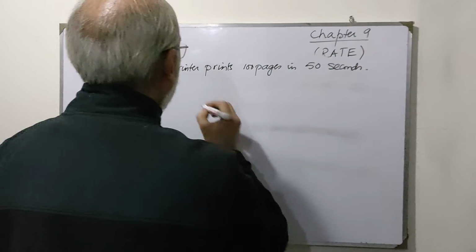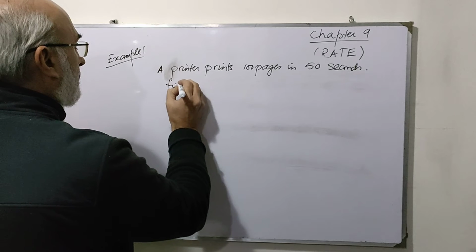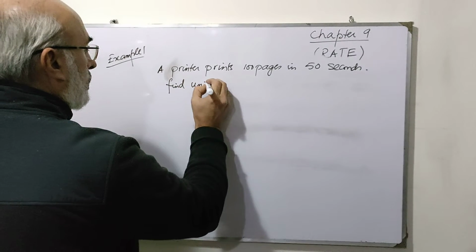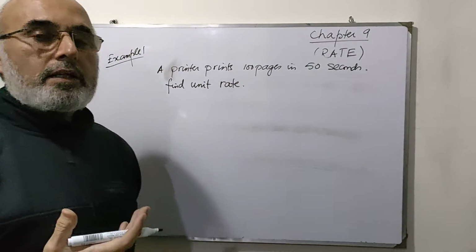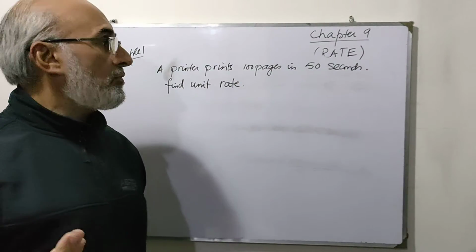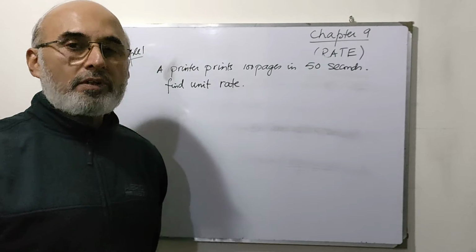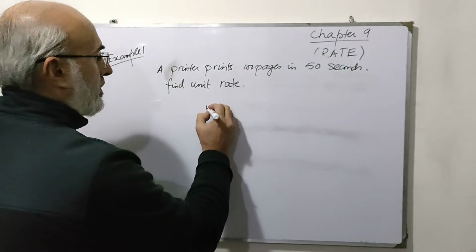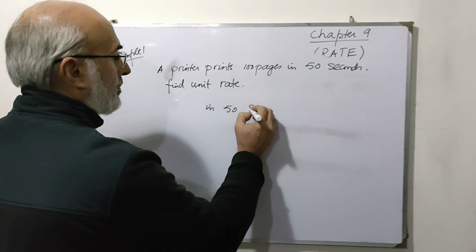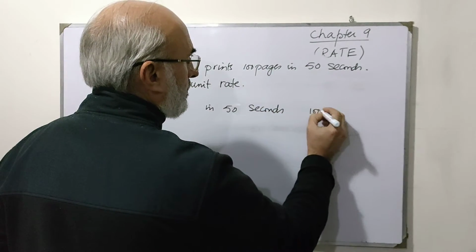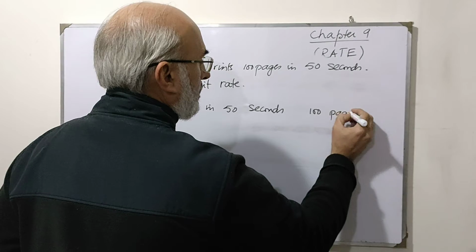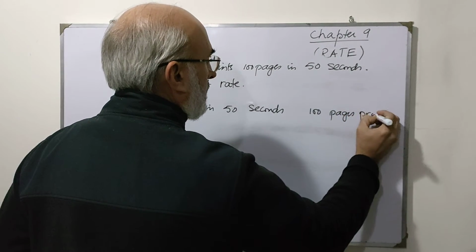Find the unit rate. So a printer is printing 100 pages in 50 seconds. So what is happening in 50 seconds? In 50 seconds, 100 pages are printed.